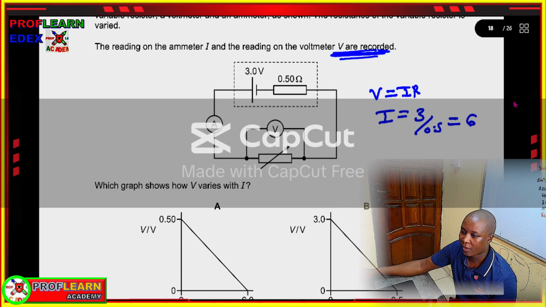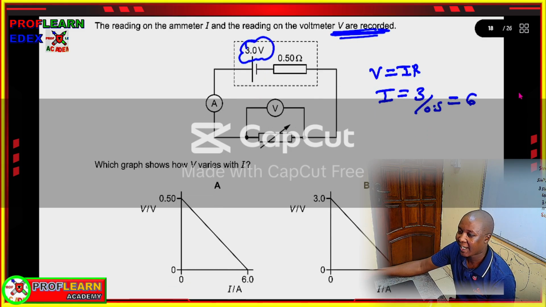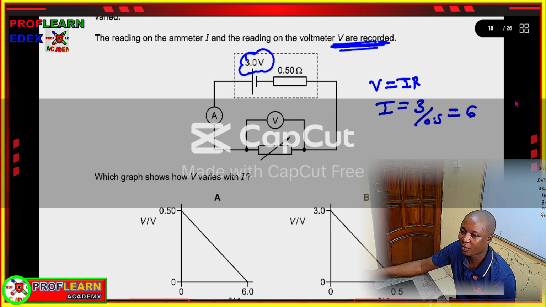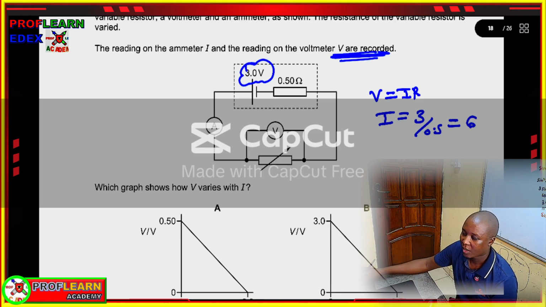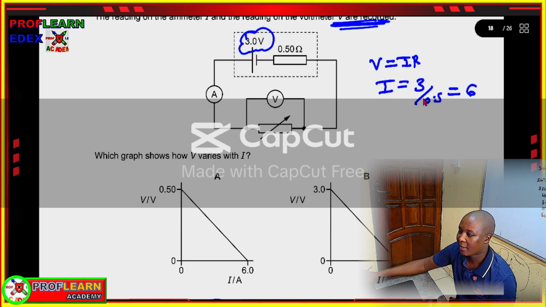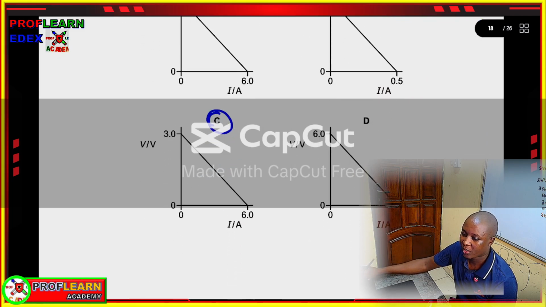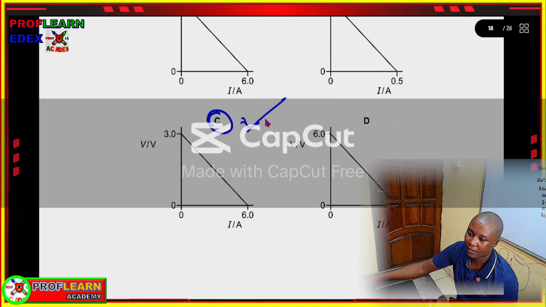So if we are having this is the EMF. So the highest voltage this battery can have is going to be 3.0, and we are going to say now 3 divided by 0.5 is going to give us 6. This is the current. So we are going to have our answer for that.